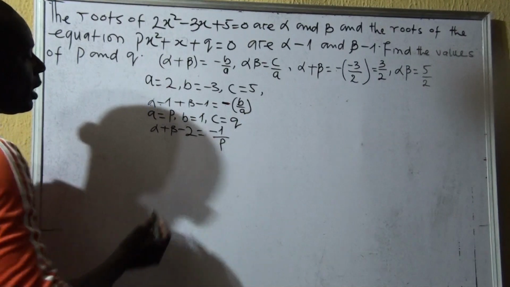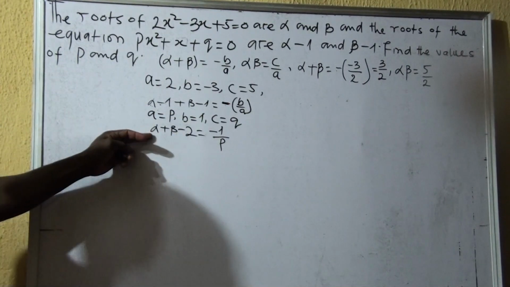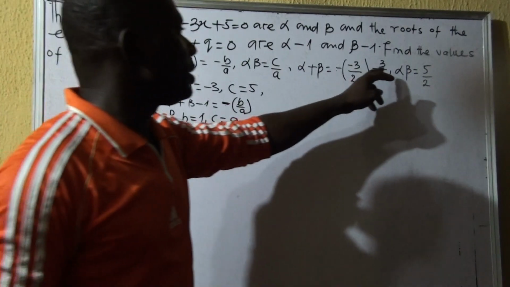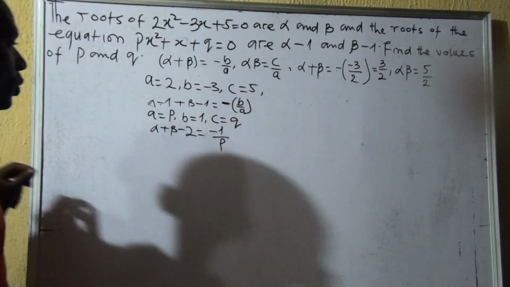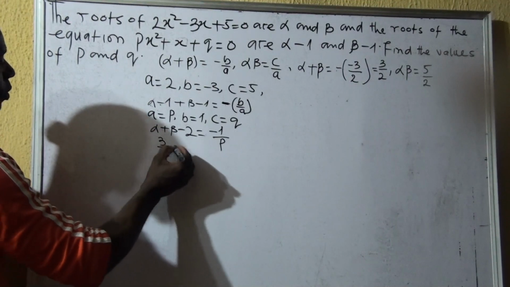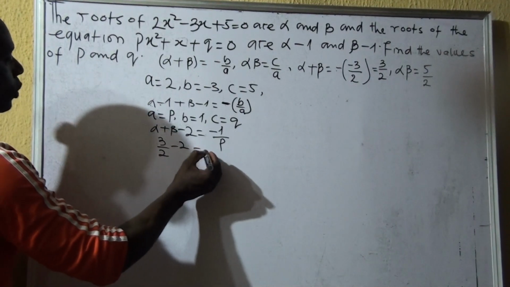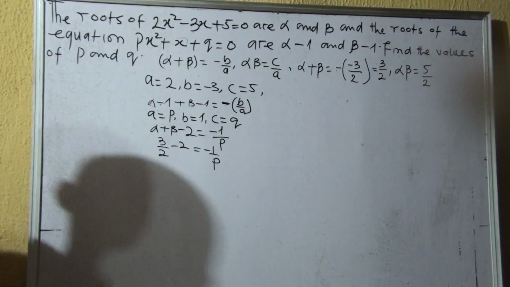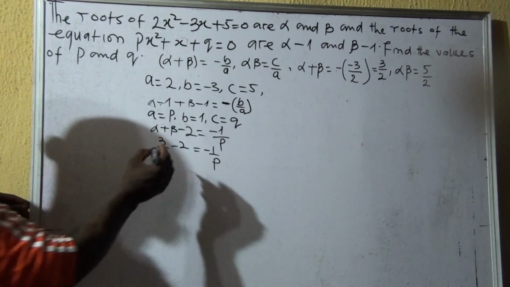So minus b over a is minus 1 over p. With the first equation given, we know that alpha plus beta is 3 over 2. So we substitute: 3 over 2 minus 2 is equal to minus 1 over p.